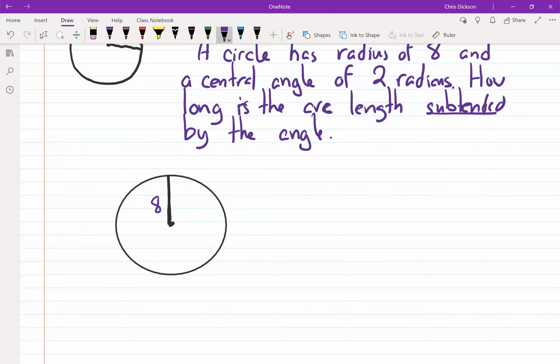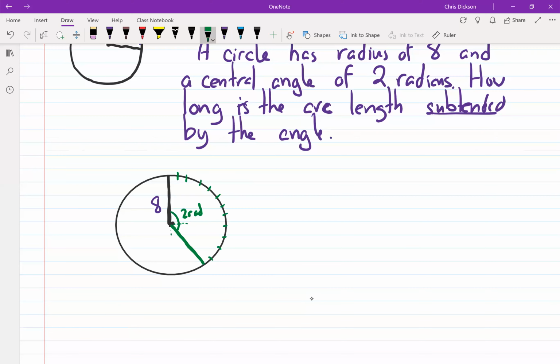So remember 1 radian was about 60 degrees, so this angle would have to be close to 120. So I'm going to approximate this. If I go straight across, that's 90 degrees. I go straight down, that's 180. So I'm thinking maybe like that, okay? I'm just eyeballing. I'm going to say this is 2 radians, okay? So the question is, how long is this line here? How long would that be?